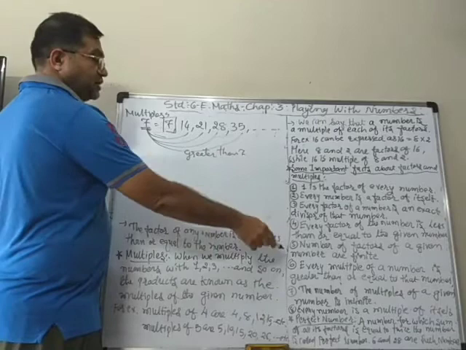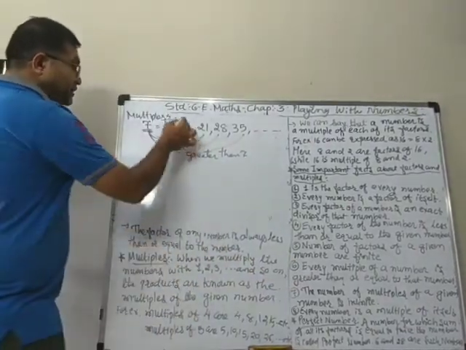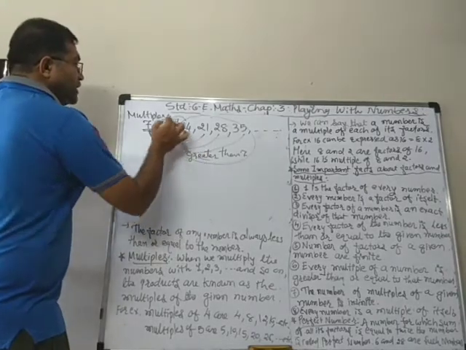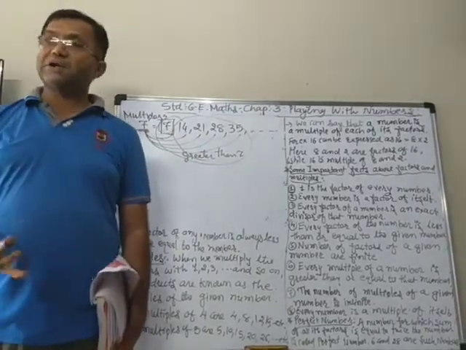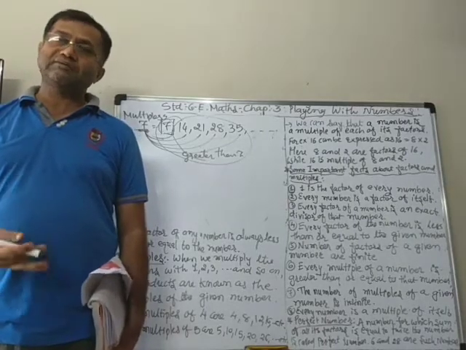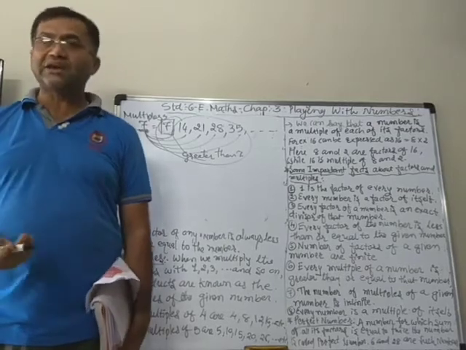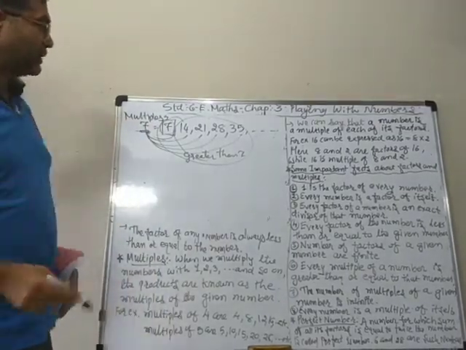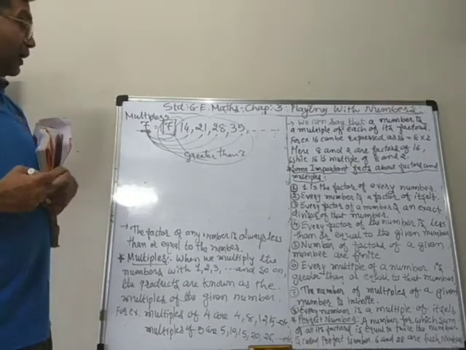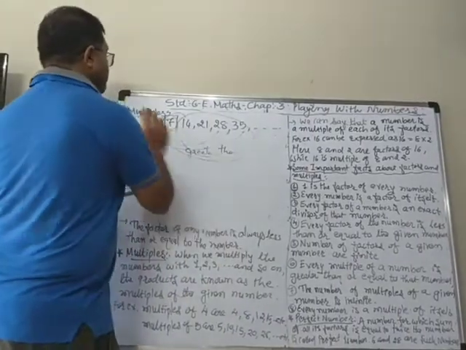So it is written that every multiple of a number is greater than or equal to that number, because the number itself is a multiple of itself. 7 ones are 7, 8 ones are 8, 9 ones are 9. So every multiple of a number is either equal to it or greater than the given number.